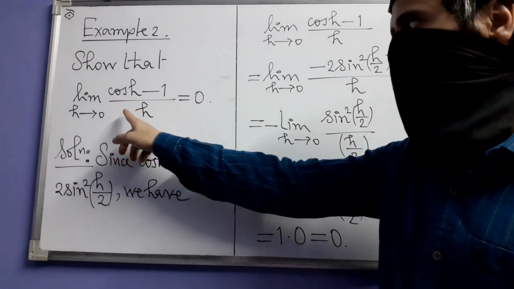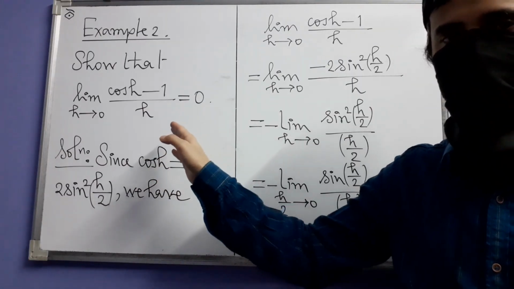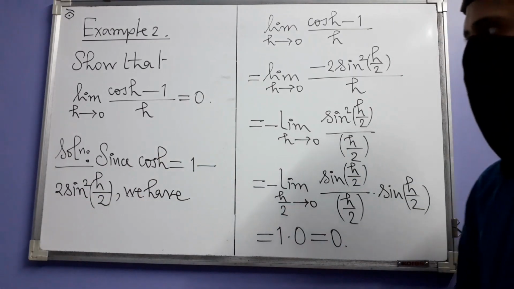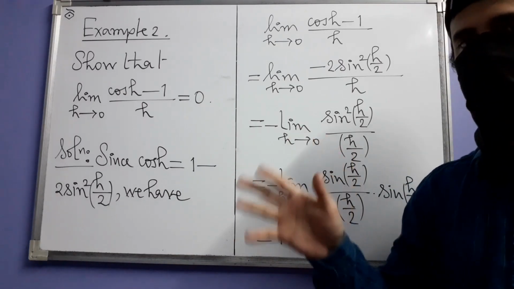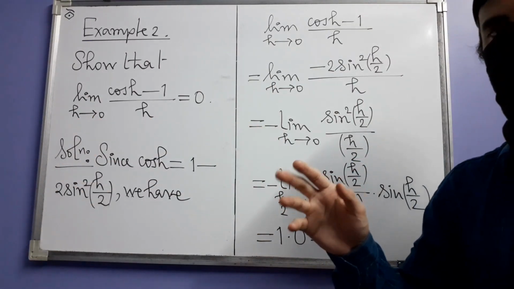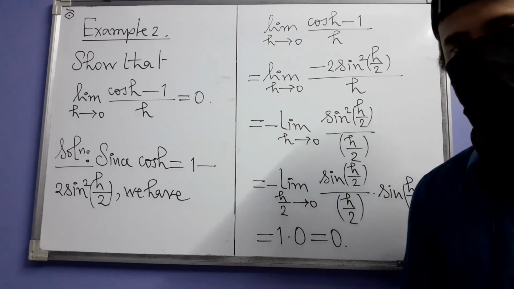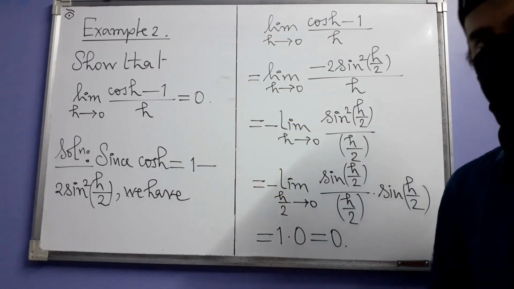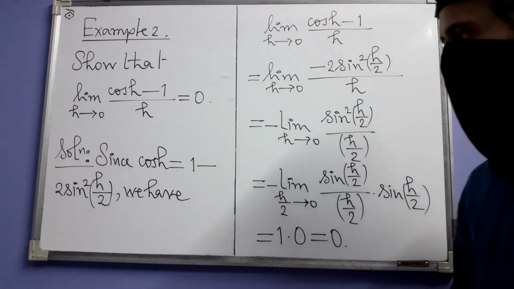We have to prove that the limit of cos h minus 1 divided by h is 0 as h tends to 0. And the more you work with these limits, you have to assume that whatever the variable is, that is being measured in radians if trigonometric functions are involved. That won't be said again and again. So here h is measured in radians.